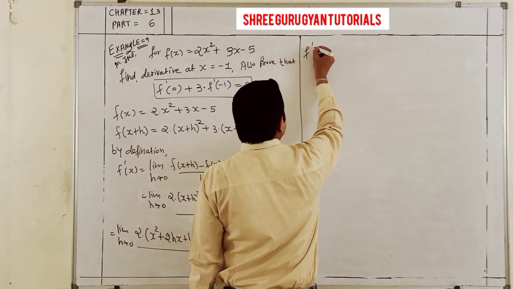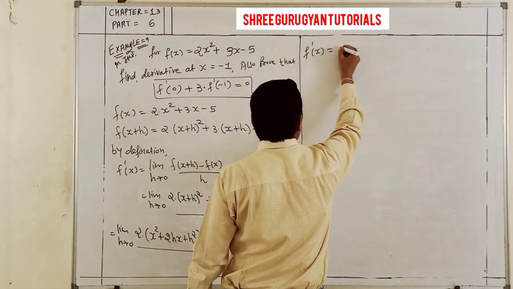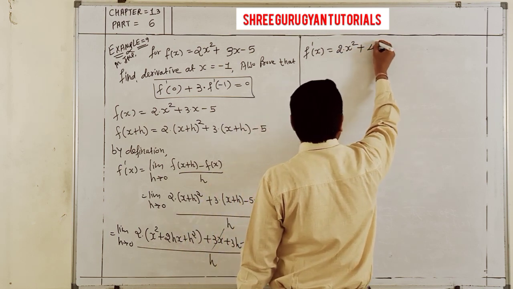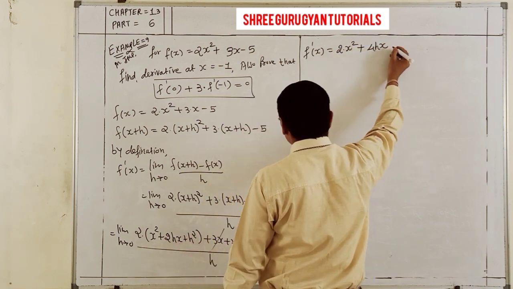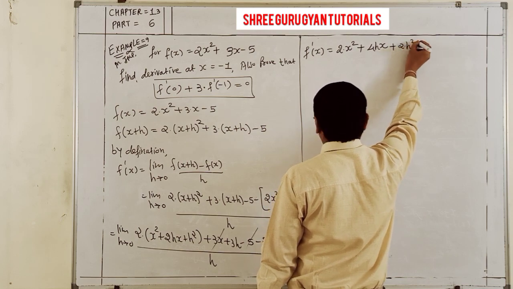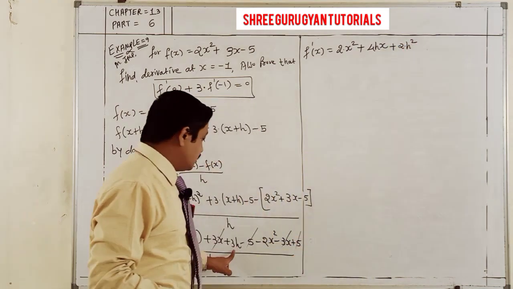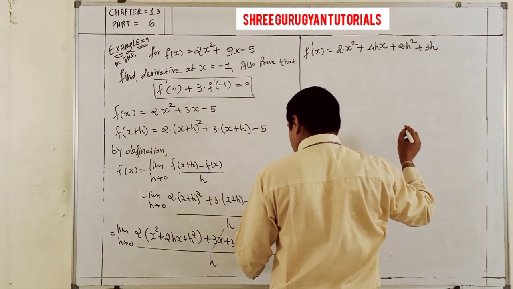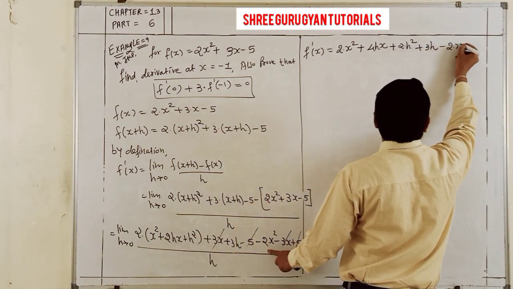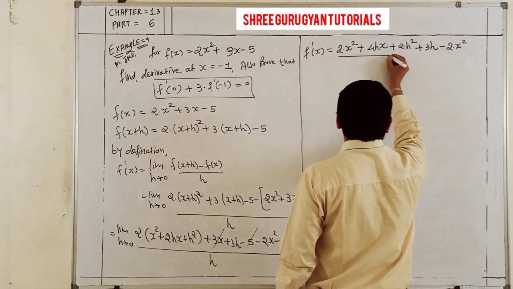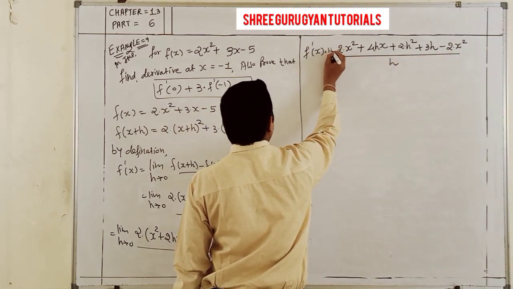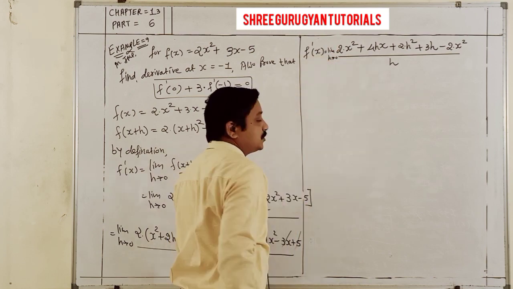So f'(x) is equal to this same 2x², now 4hx, next 2h², these are multiplications, and here also plus 3h, next minus 2x², and upon h as it is. Write down the limit h tends to 0.